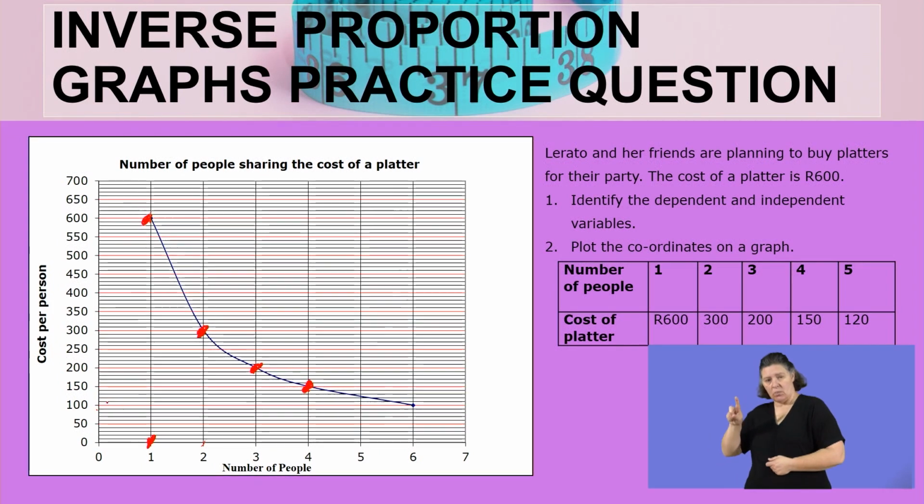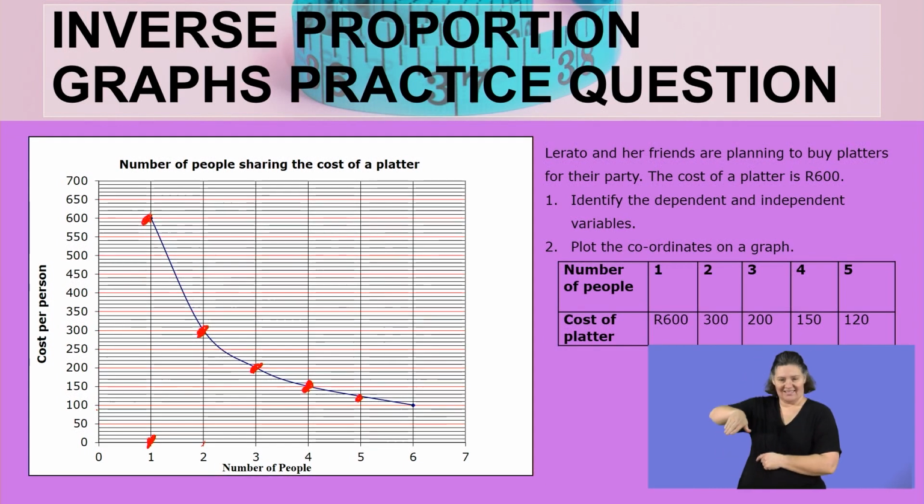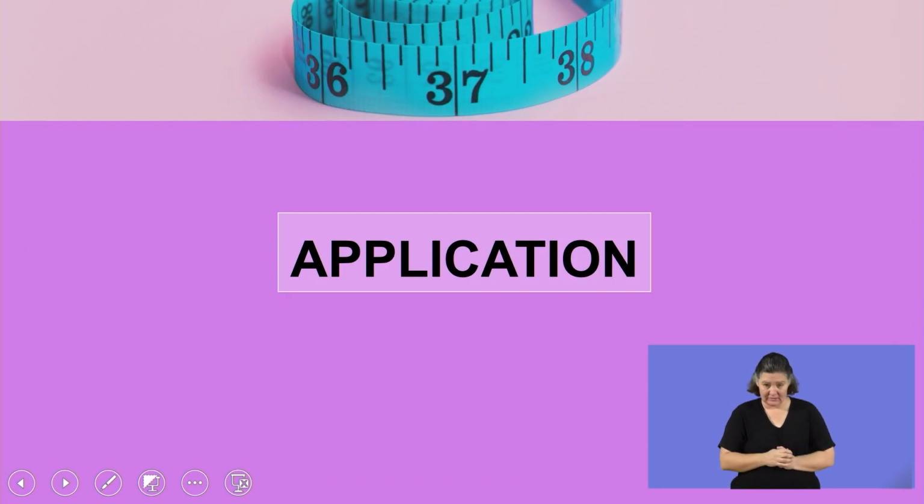Because this is 100, this is 110, and the next one will be 120. If you trace it, this is the value. So now, when we plot the graph once more, you can see that the shape of a graph is a curve, mainly because when one variable increases, the other one will decrease.